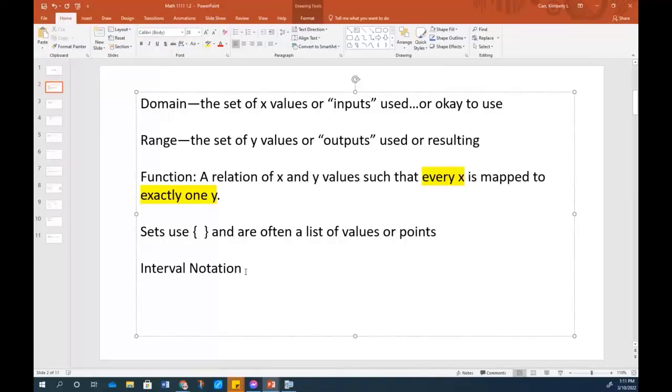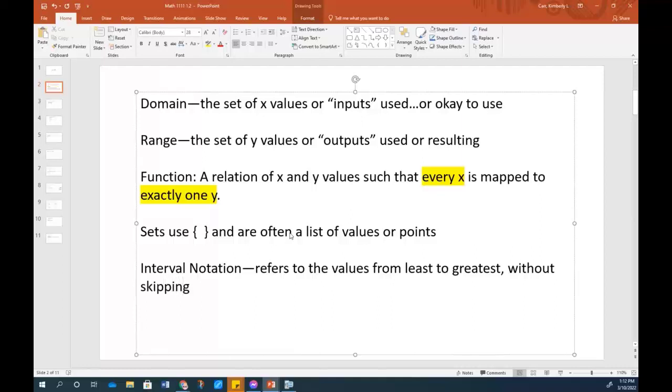Interval notation, on the other hand, refers to the values from least to greatest without skipping. So a set could go 2, 3, 4, 5, but in interval notation, if you go 2, 3, it includes every little decimal between 2 and 3.